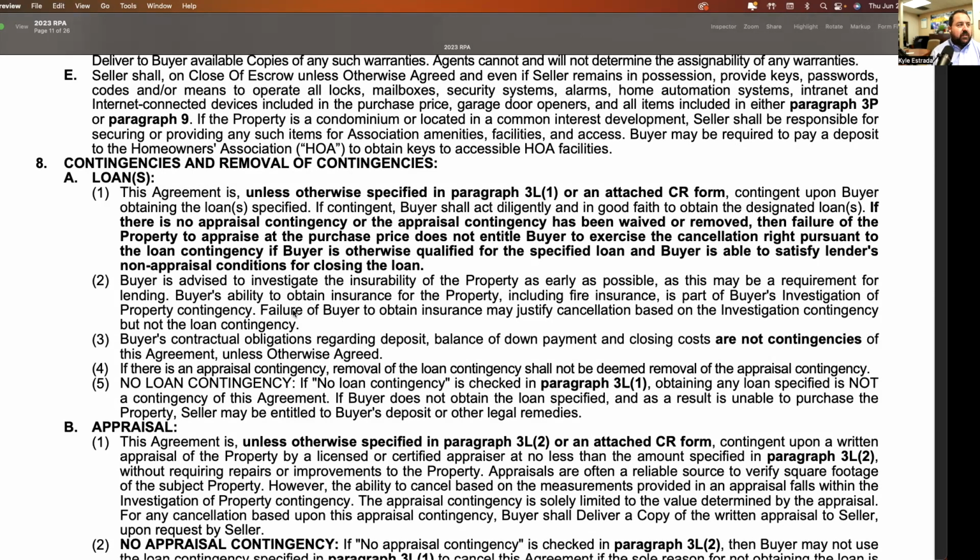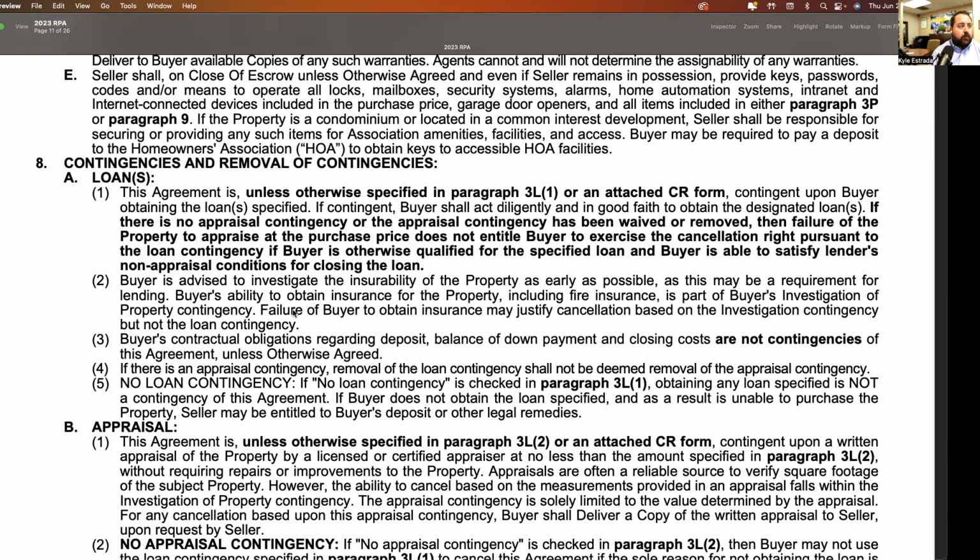Contingencies and removal of contingencies. This agreement is, unless otherwise specified in paragraph 3L1 or an attached CR form, contingent upon buyer obtaining the loan specified. If contingent, buyer shall act diligently and in good faith to obtain the designated loans.